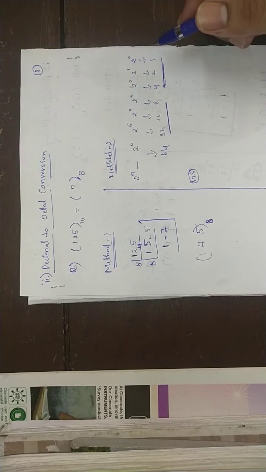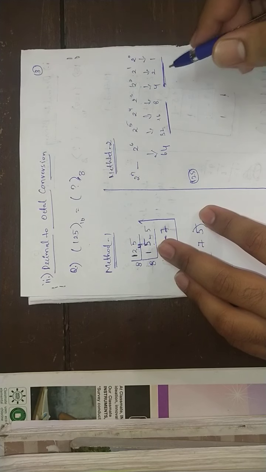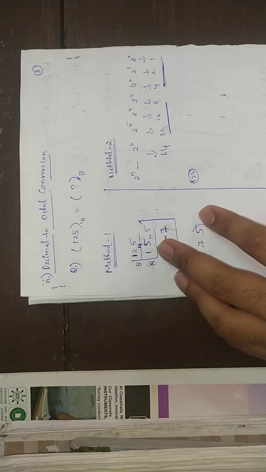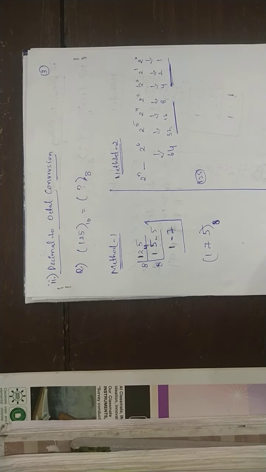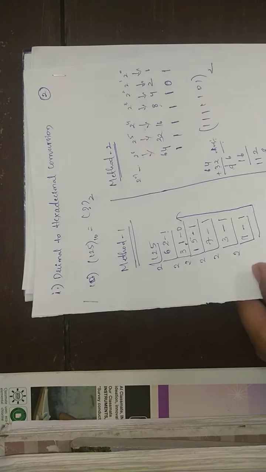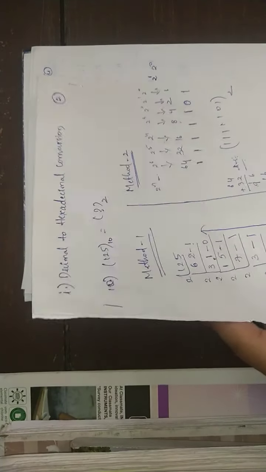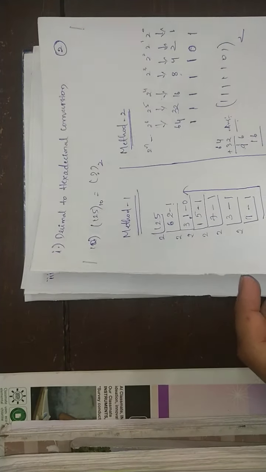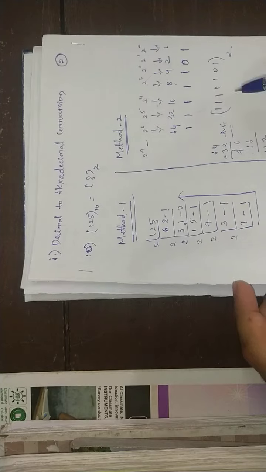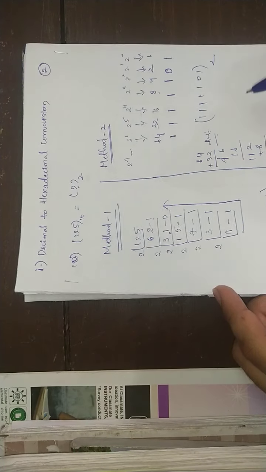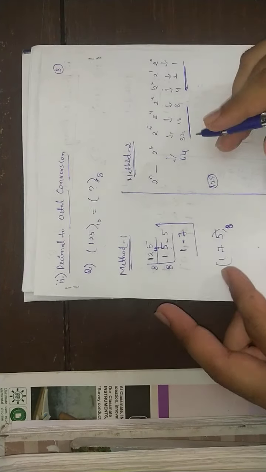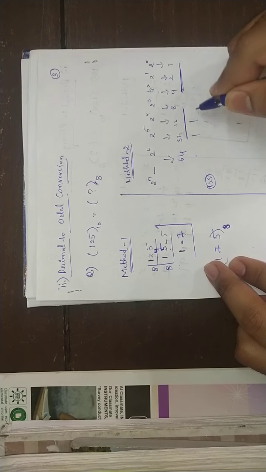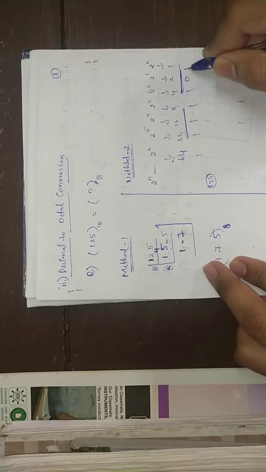What you are going to do is 2 power 0, 2 power 1, 2 power 2. In the previous conversion, from decimal to binary, you have written 1111101.